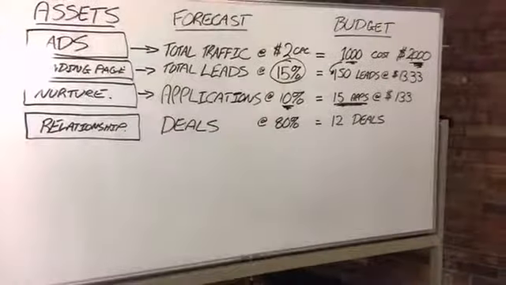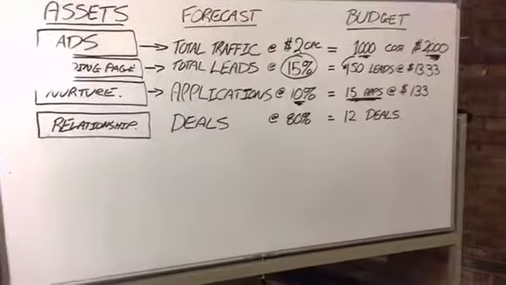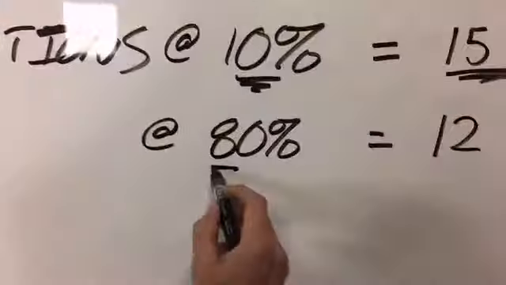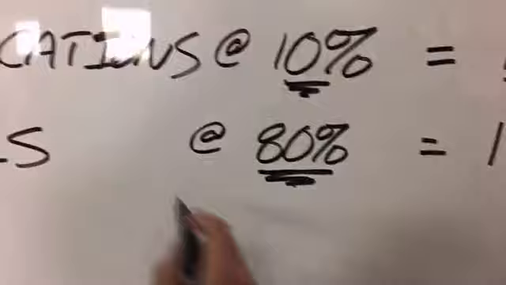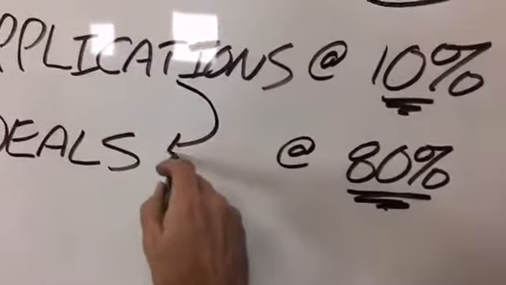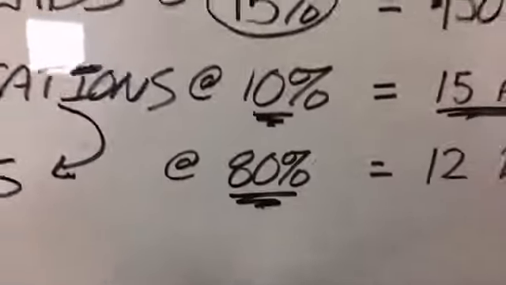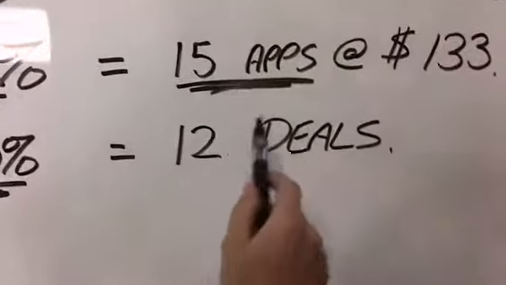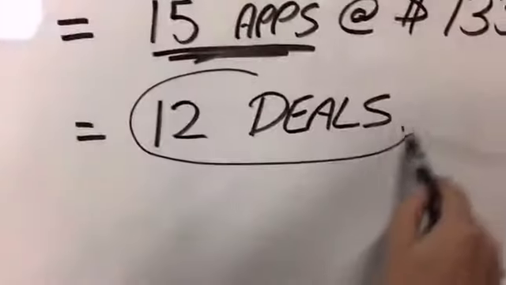So then you take your metrics in your business, again, as to what you feel you can actually accomplish, and you've set this number right here. And this is your applications to closings, right? If you can close 80% of your apps into deals, you can forecast that for every 15 apps that you take, you're going to close 12 deals, right?